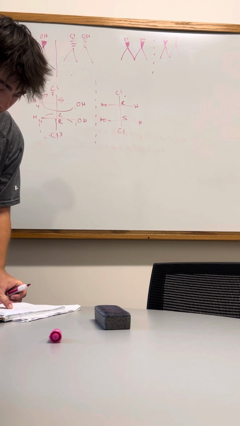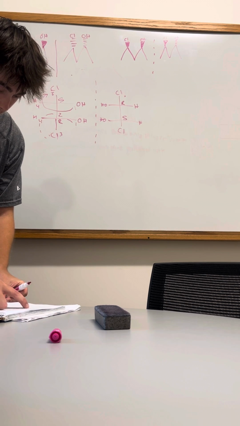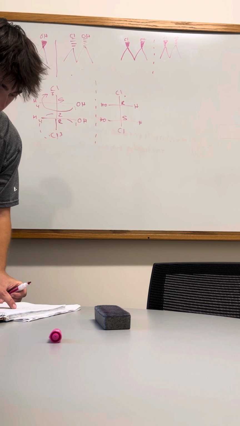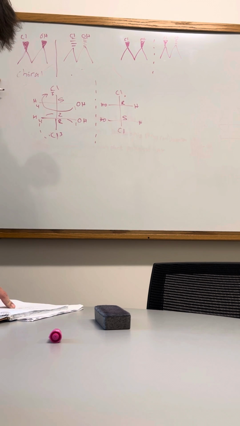So this is going to be, so clockwise would be R, so counterclockwise is, oh wait, hold on. So that's clockwise. So actually that's going to be, I think this would actually be an R. Yes, dang it, okay.